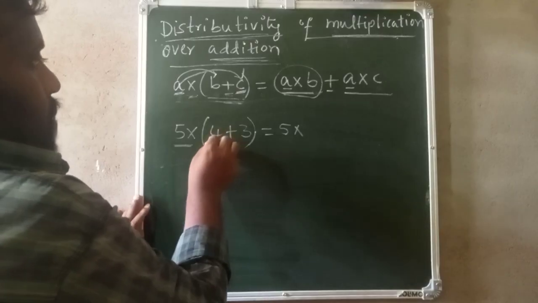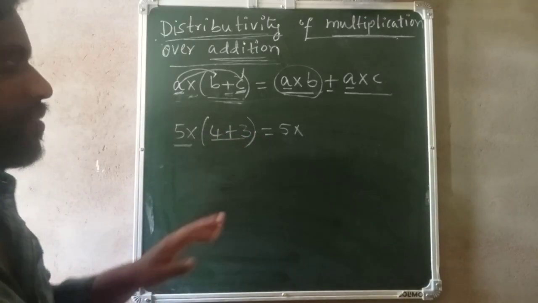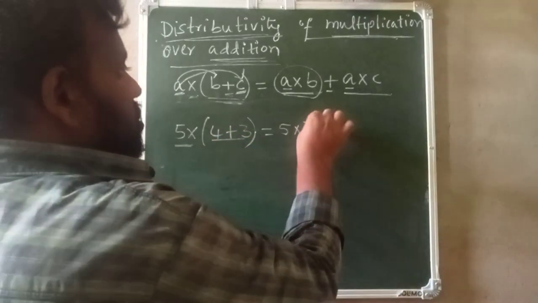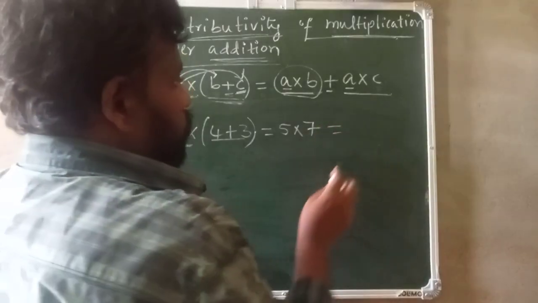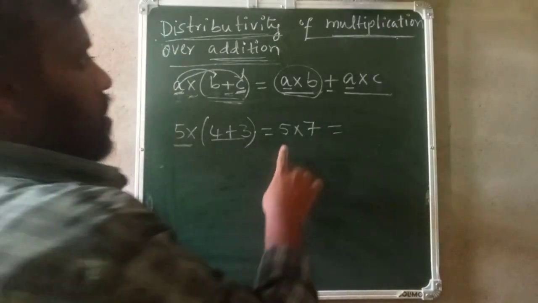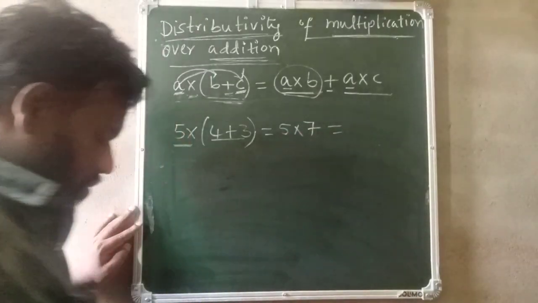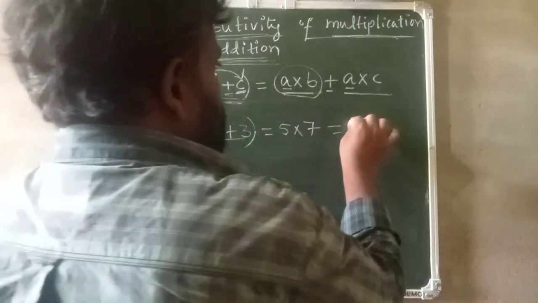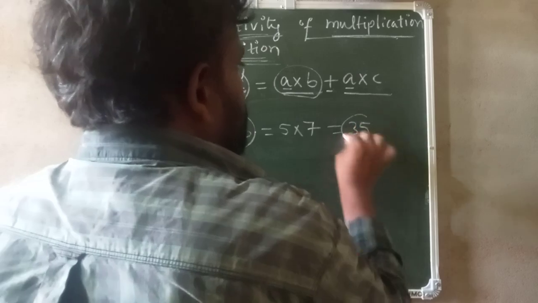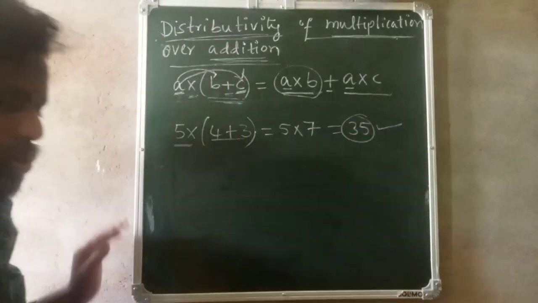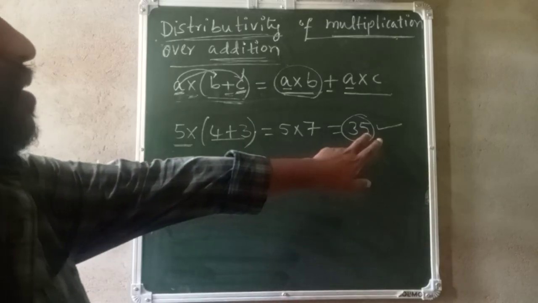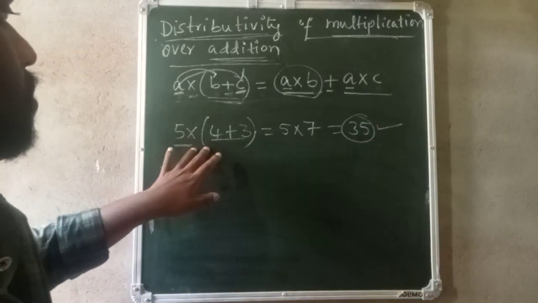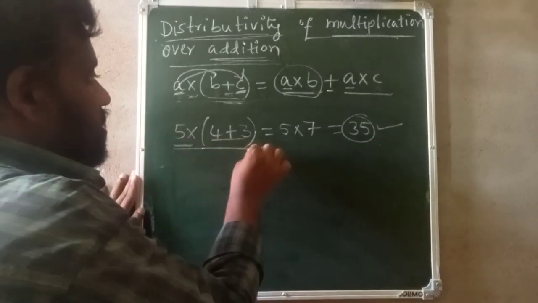Inside this bracket we have 4 plus 3, correct? 4 plus 3 is how much? 7. Okay. Now we have to multiply 5 into 7. 5 sevens are 35, correct? So using normal multiplication, we got 35 when we simplified this one.